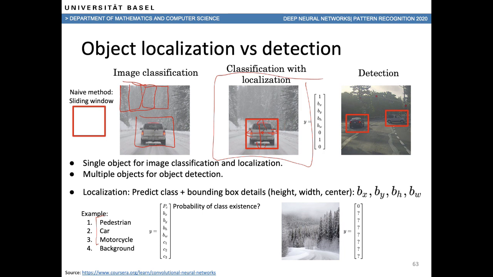And then it doesn't really matter what we set the rest of the stuff to in our output. But in the case, for instance, that we have a car, as in the top middle picture here, then we'll set the probability to 1. Then we'll specify where this is located in the image, the x and y coordinates, and then we'll specify at the bottom that no, it's not a pedestrian, yes, it's a car, no, it's not a motorcycle that we are having in this box here.